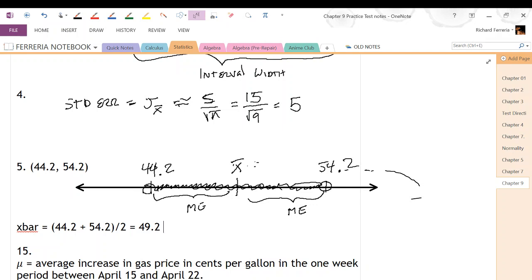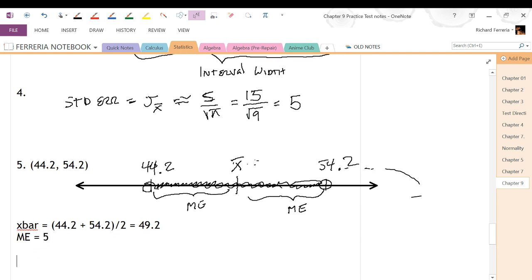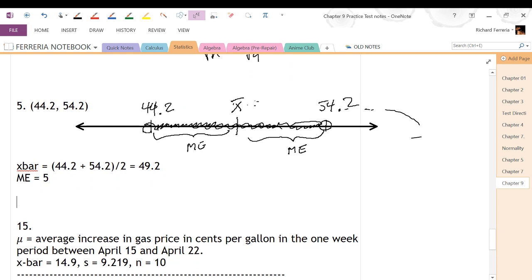Yeah, that gives you the margin of error, but that doesn't give you x bar. But it's just asking for the margin of error. Okay, margin of error is 5.